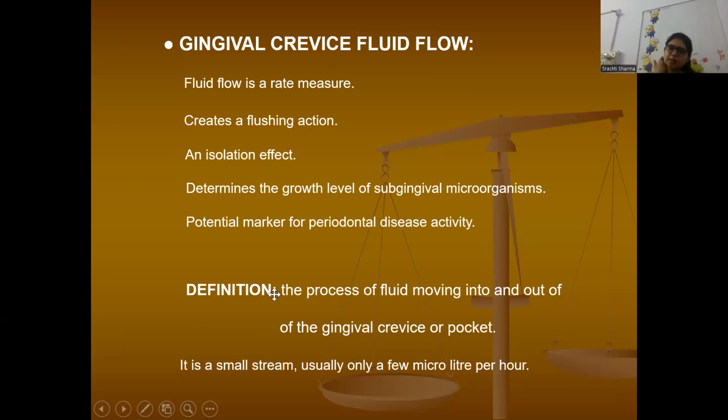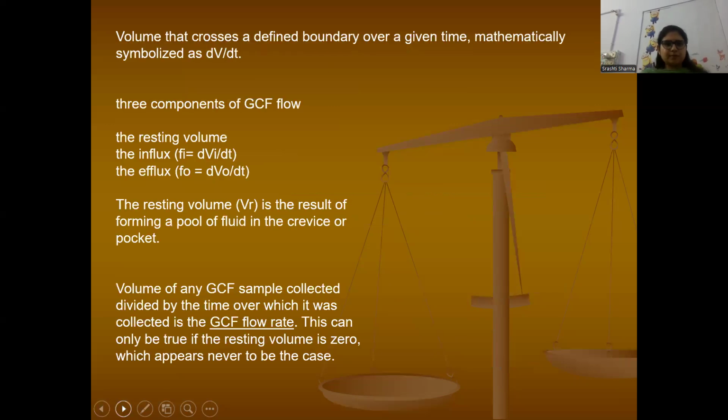Definition: the process of fluid moving into and out of the gingival crevice or pocket. It is a small stream, usually only a few microliters per hour. It is the volume that crosses a defined boundary over a given time, mathematically symbolized as dV/dt.